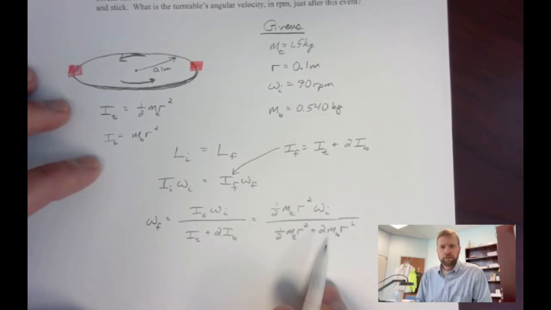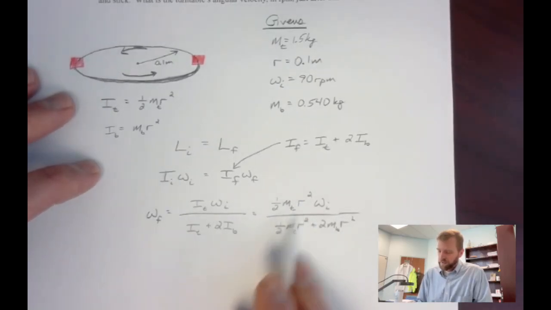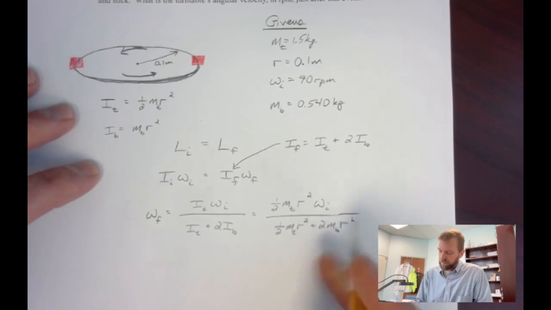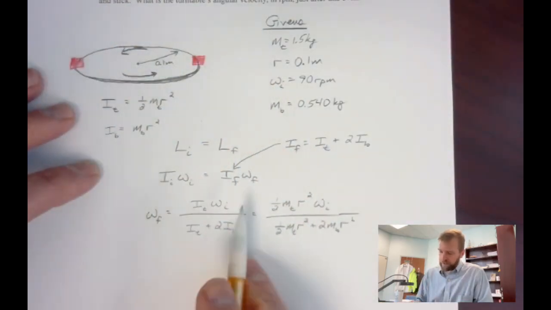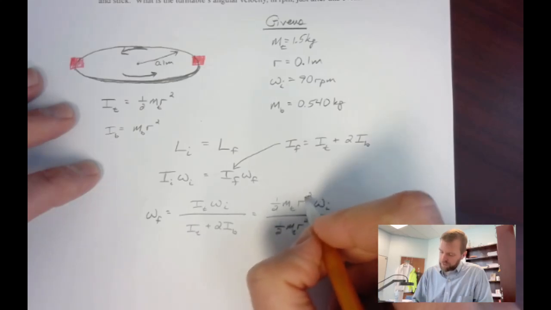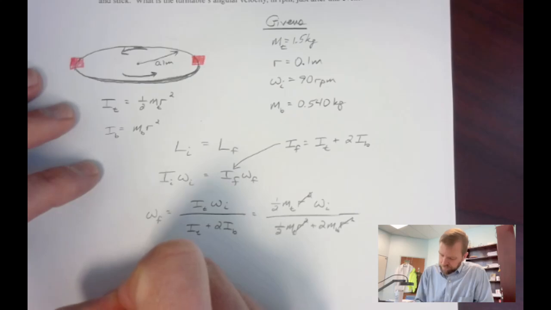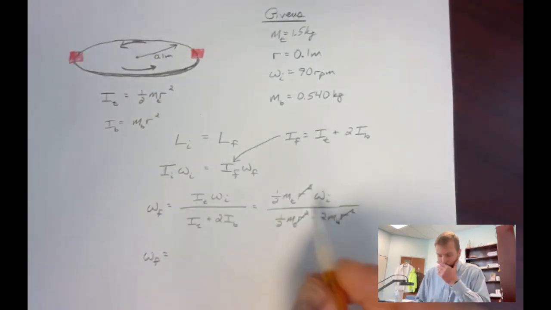Now, if you notice, all of the r squareds cancel out, so we don't actually need that information, so we can cancel it out because it's in every single term, and then plug in what we're given here.